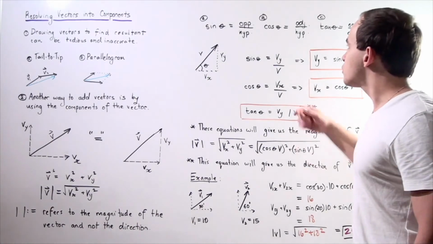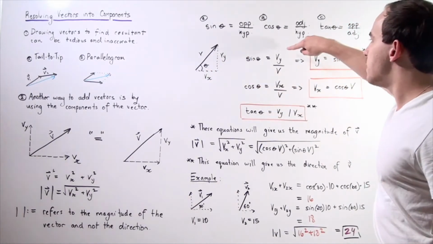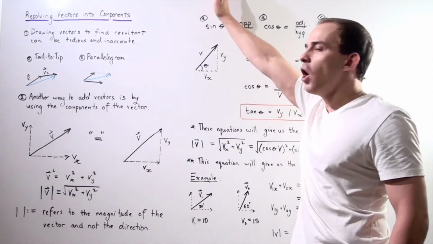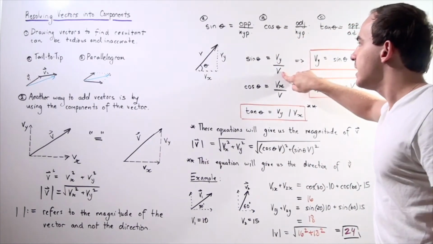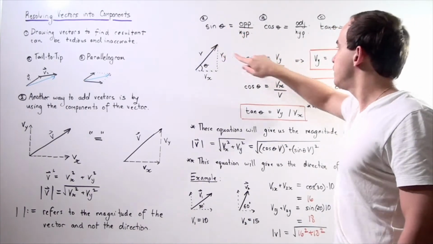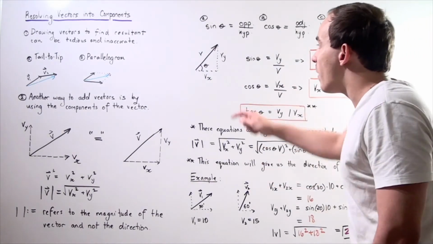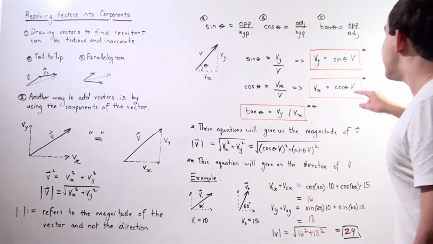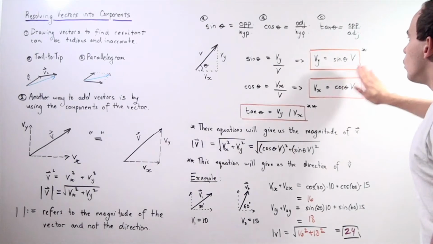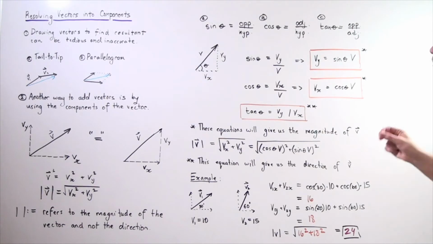My opposite is vy, my component along the y-axis, and my hypotenuse is the magnitude of my original v vector. If I rearrange this, I see that if I know my angle and the magnitude of my original vector, I can find my y component: vy is equal to sine theta multiplied by the magnitude of vector v.